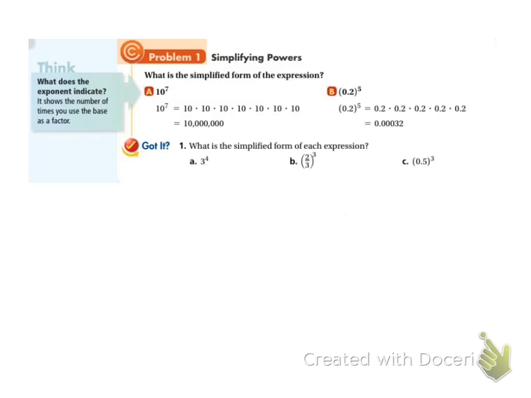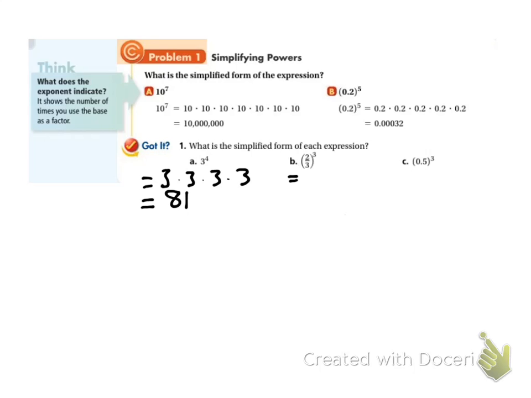Okay, if we look at our got it questions, part A, we have 3 to the 4th, which is equal to 3 times 3 times 3 times 3, which when we simplify it is 81. In part B, we have 2/3 to the 3rd power, or 2/3 cubed.